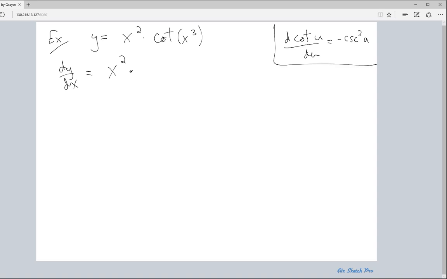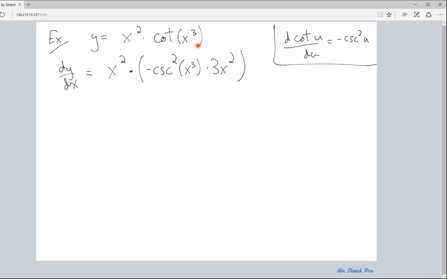So, back here to our product rule. First, x squared times the derivative of the second, and so we have a chain rule problem. Derivative of the outer function minus cosecant squared, leaving the inside alone, of x cubed, times the derivative of the inner function, which is 3x squared. So there's our first term from using product rule.